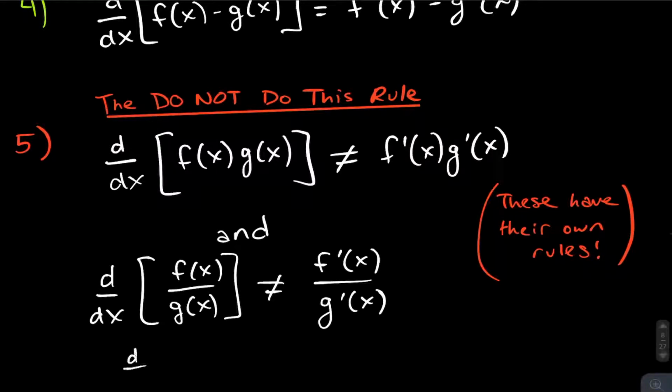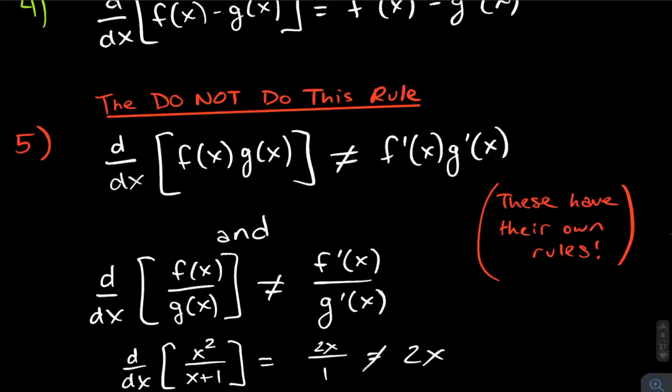If you're taking the derivative of x squared over, we haven't talked about any other functions yet, but let's say x plus 1, this is not going to be equal to the derivative of x squared, 2x, over the derivative of x plus 1, which is just going to be 1. It's not equal to 2x. This is not how that goes.